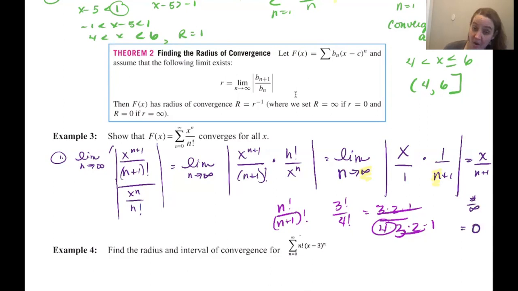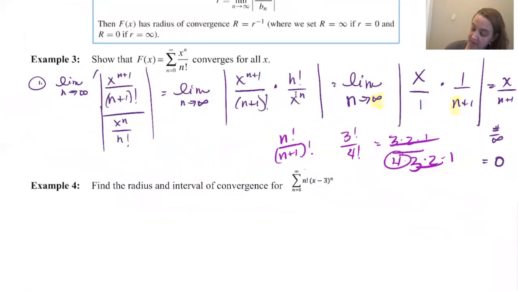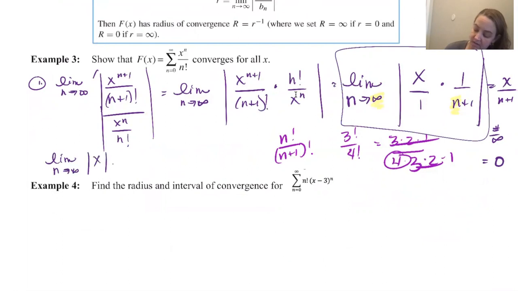So now, you know what? I wrote this nicer in my old notes. Let me show you a better mathematical way to say this. Back here at this step, you can actually split it into 2 limits. The limit as n approaches infinity of x, and the limit as n approaches infinity of 1 over n plus 1.